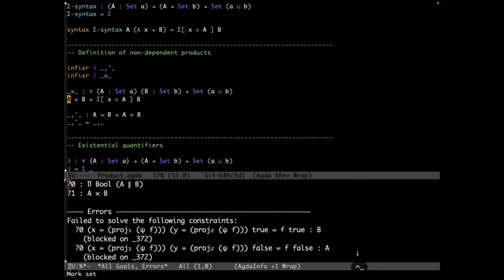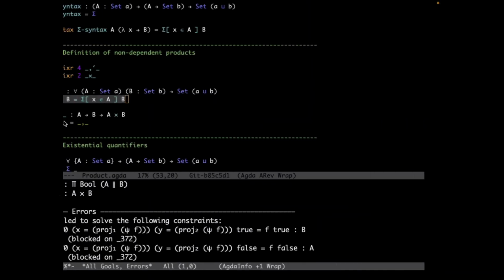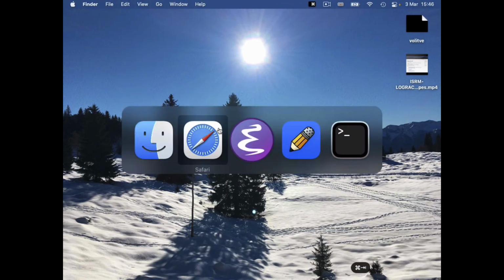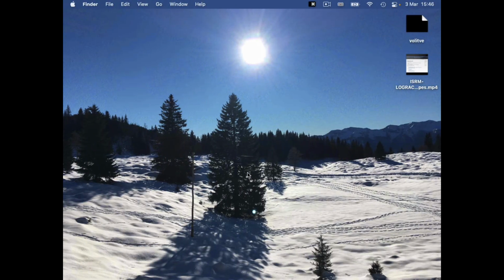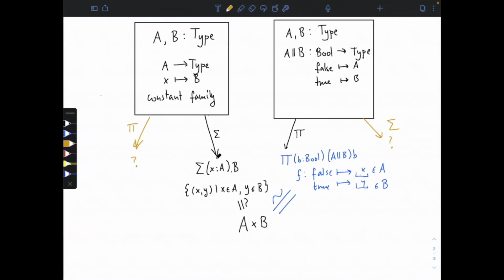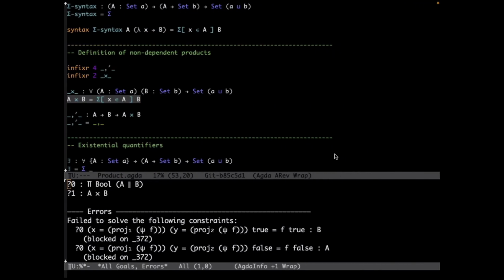This really is just the constant family, you see? So in Agda, this is not an isomorphism. In Agda, this is the definition. A cross B is defined to be this sum. So we really just need to show that this sum is isomorphic to that pi, which is what we're showing here.